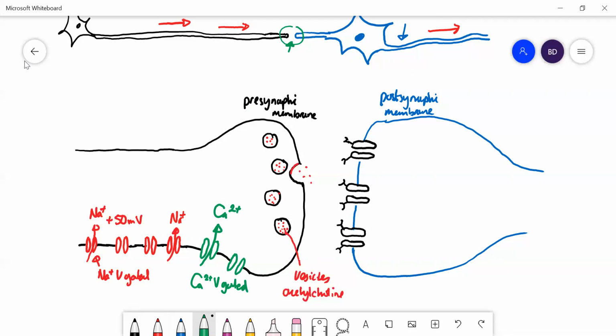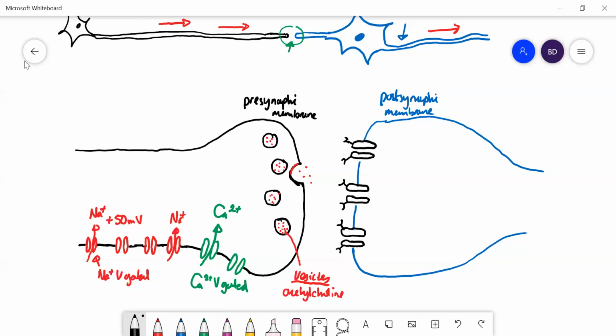The calcium concentration inside cells is very, very low. Okay, now on these vesicles, you have some proteins which bind calcium, and when they bind calcium, that causes the vesicles to fuse with the membrane and release the acetylcholine molecules here.